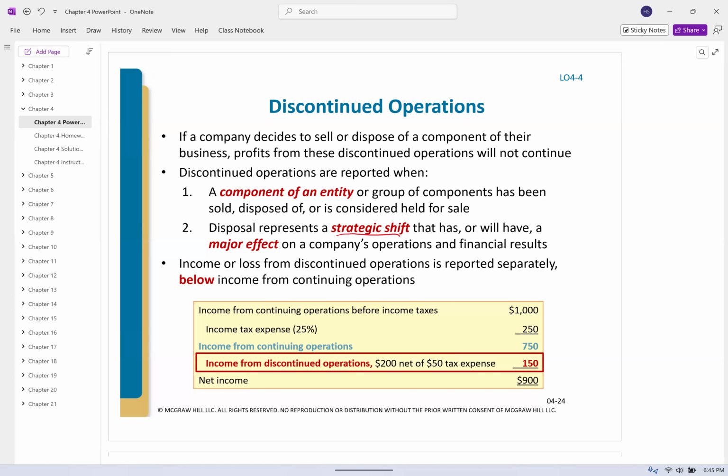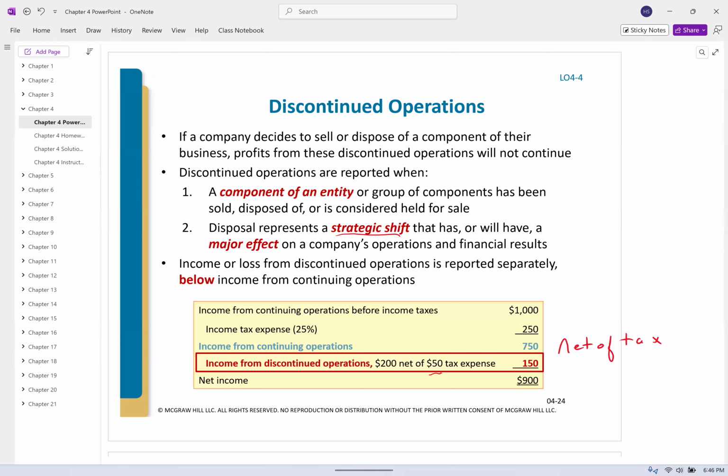All right. So here we have, we're just picking up from the income from continuing operations. Before income taxes, we have our income taxes and then income from continuing operations. Now, notice income from discontinued operations. This number is always net of the tax.